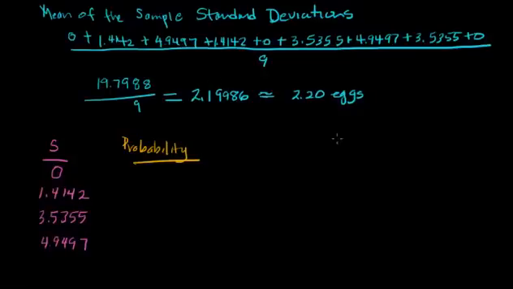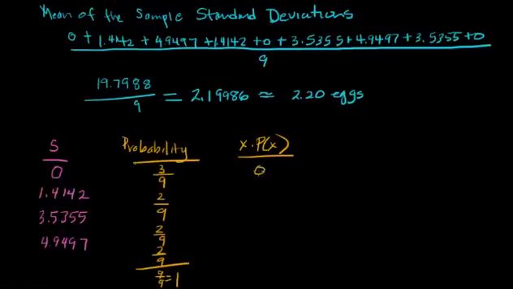Well, how many ways were there to get 0? There were 3, right? We saw 3 samples that had a 0 standard deviation out of 9 possible samples we could pull. How many had 1.4142? There's 2 of them. 3.5355, 2. And 4.9497, 2 of those. Again, we add these up. 3 plus 2 plus 2 plus 2 is 9. So we've accounted for our entire sample space.